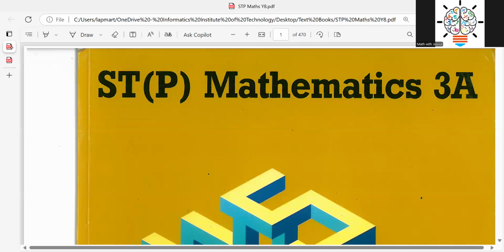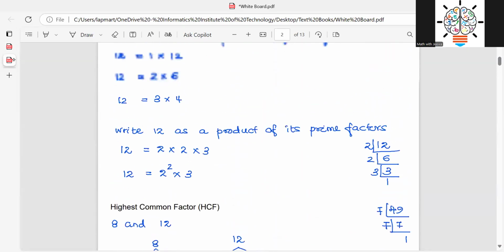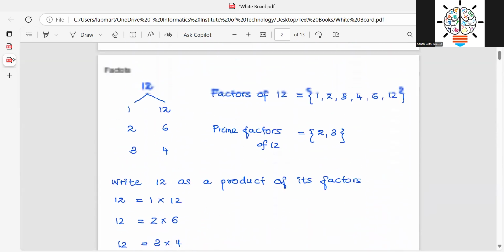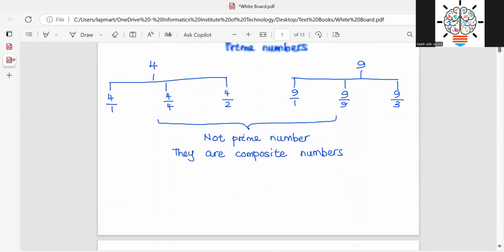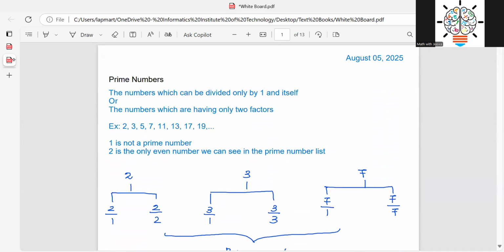You want to maintain your notebook in a neat and methodical way. You can see how I'm writing things, how I'm using the equal marks. See how neat it is, practice the same, and improve that neatness day by day.